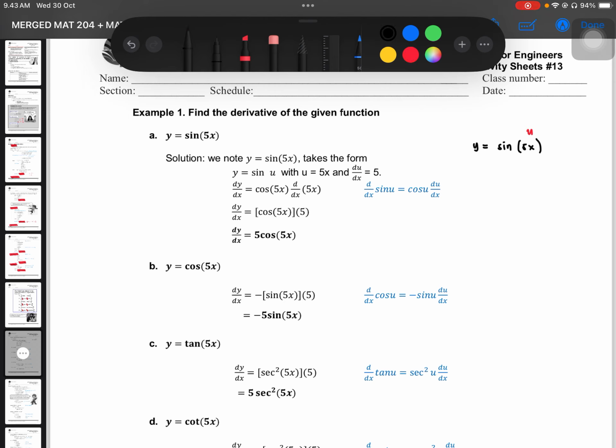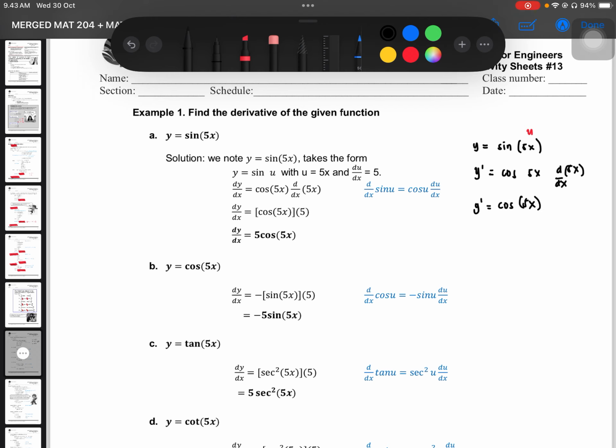So, ibig sabihin, let's just get that this way, y prime is equal to, ano yung derivative ng sine? It is cosine. And then, 5x. Because it is our u. Then, you get the derivative of your u. So, we get the derivative of 5x with respect to x. So, y prime is equal to cosine 5x.